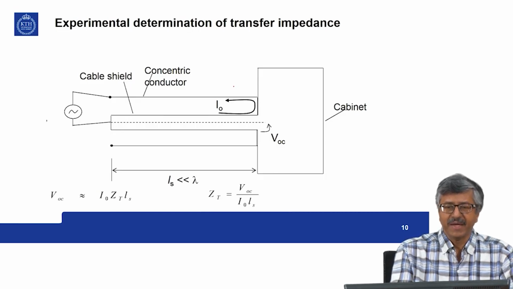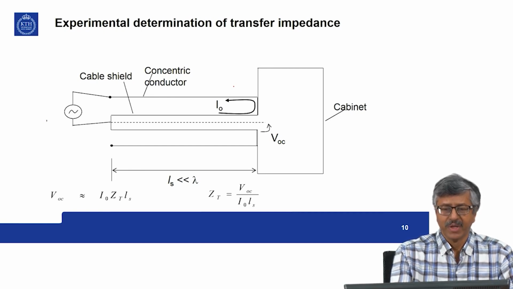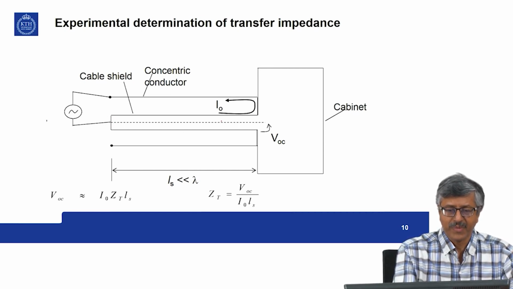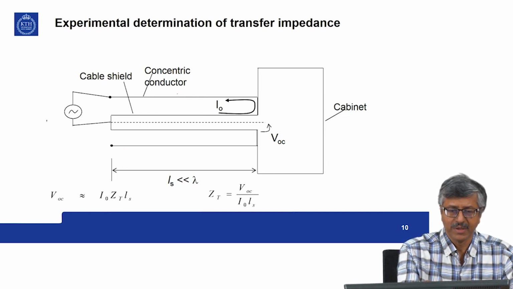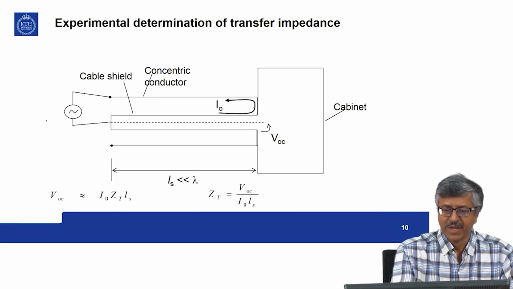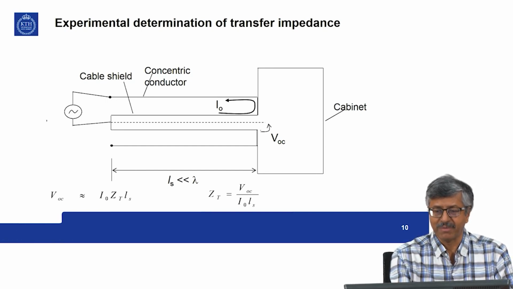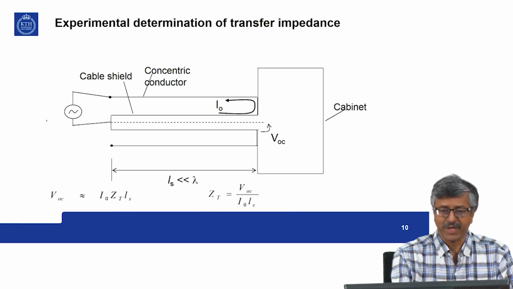Experimentally, the transfer impedance of cables can be determined. This is a kind of setup that could be used. Say, for example, you have a shield, and you put that shield into a concentric tube, and those are connected to a cabinet, and inside the cabinet you have an oscilloscope and you can measure this differential mode voltage.